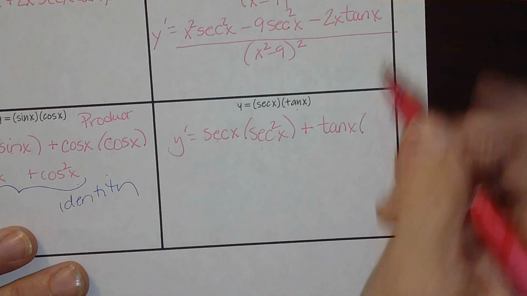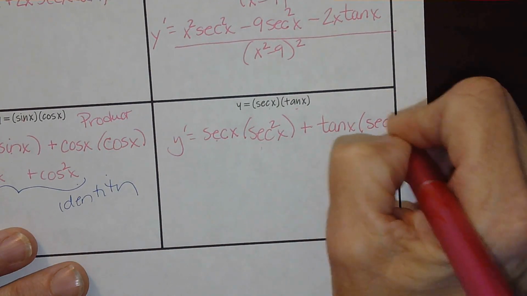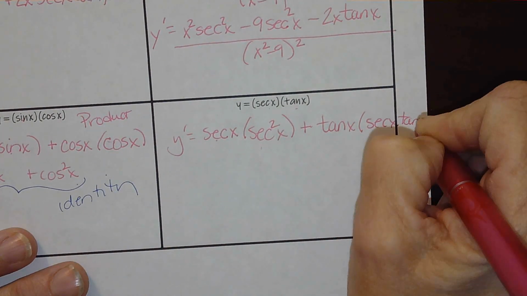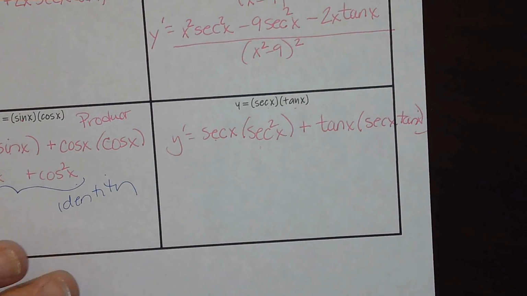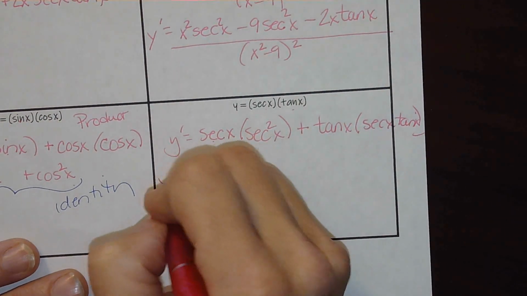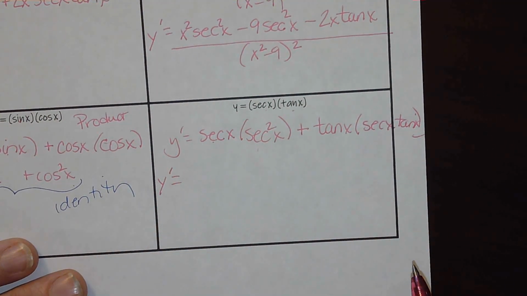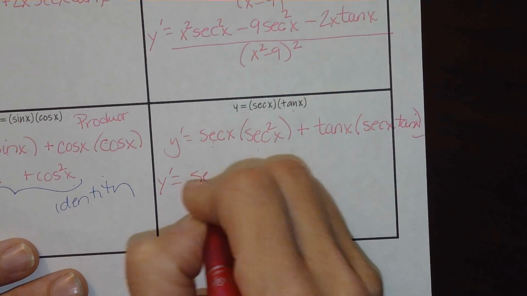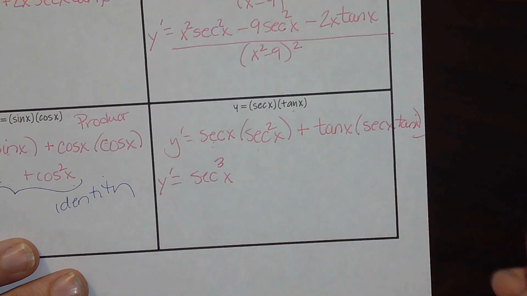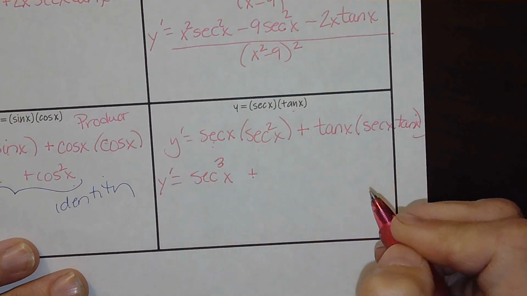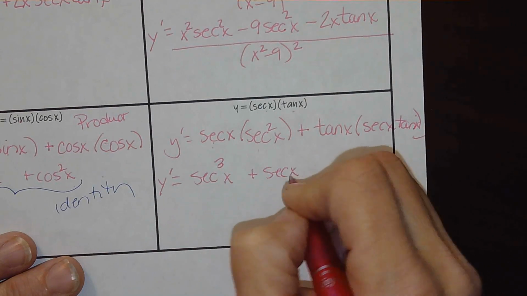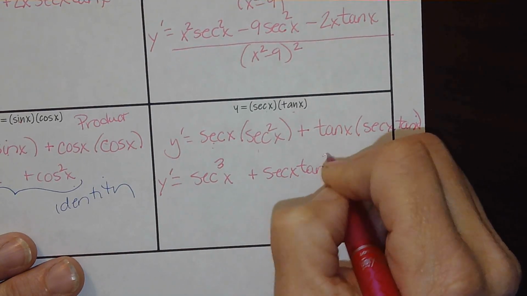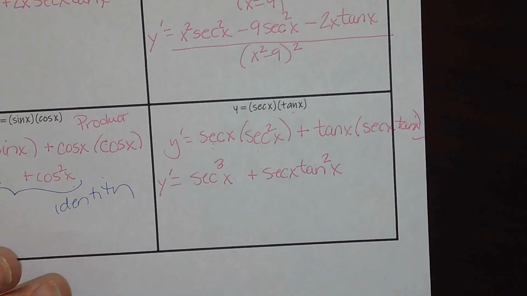The derivative of secant is secant x tangent x. So y prime equals secant cubed x plus secant x tangent squared x.